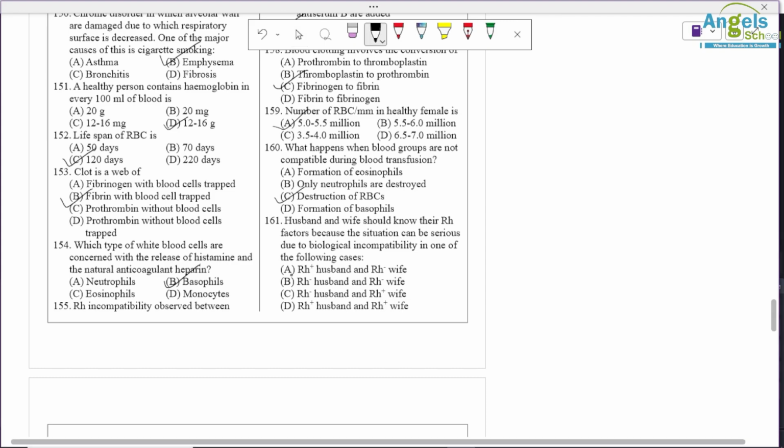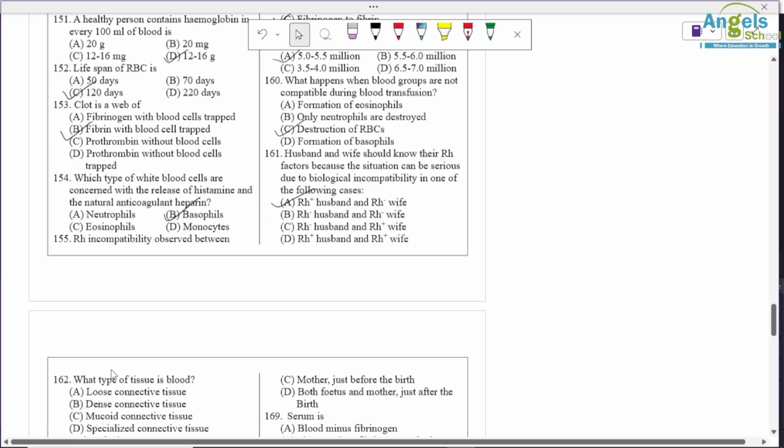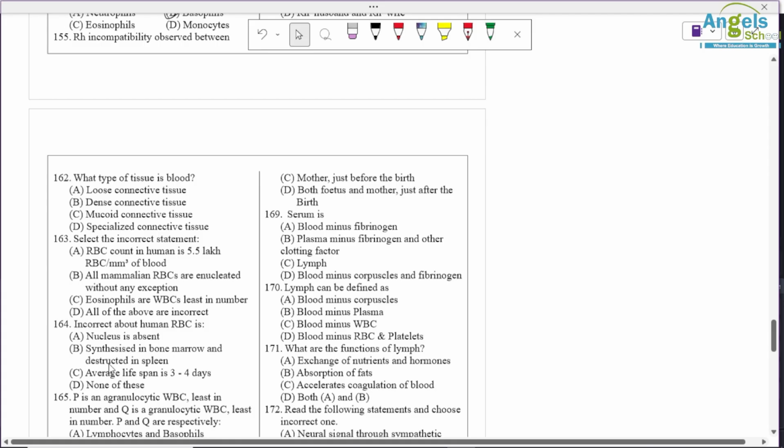So if Rh positive husband and Rh negative wife, then only disease can happen. What type of tissue is blood? So it is a specialized connective tissue.